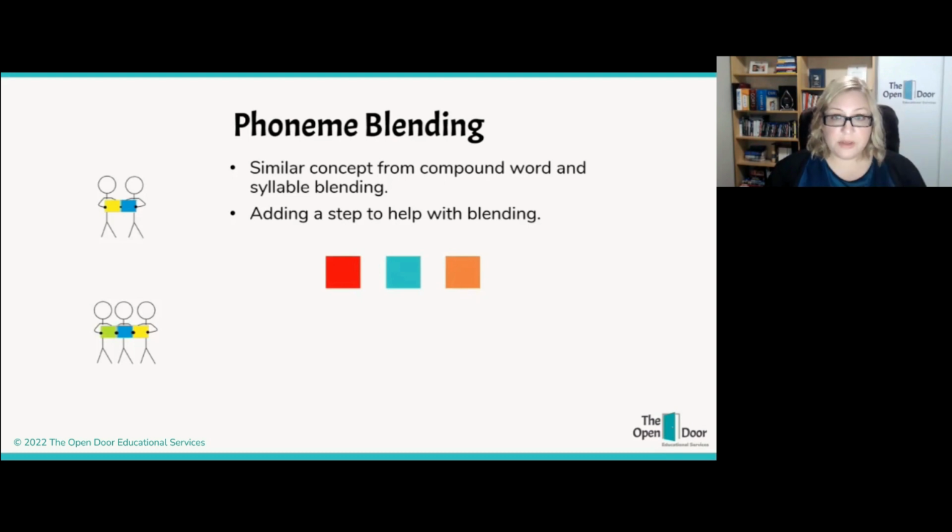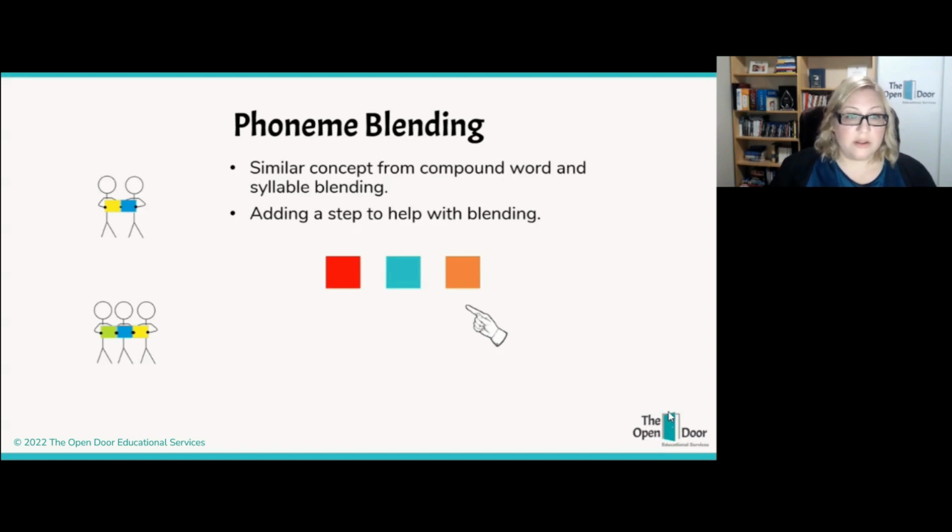You have your students repeat that. K, ah, t. Good. Now you're going to slowly run those sounds together. Cat. Okay, now say it all together. Cat. And then they've read that word from the sound that you've given them.